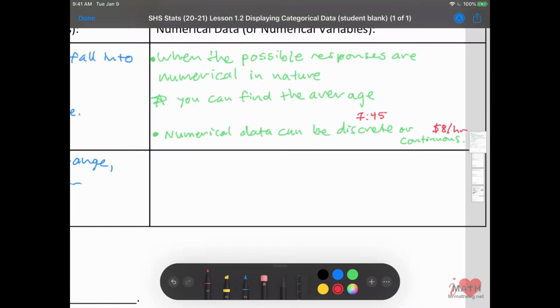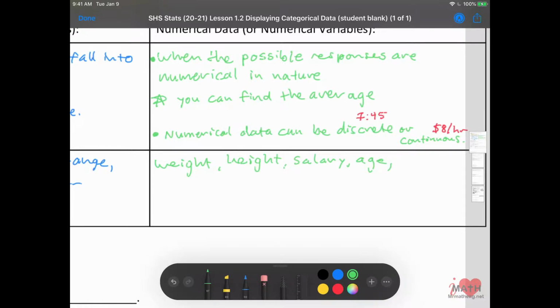And what are some examples of that? I might ask you, what is your weight? I might ask you for your height. How much do you make? I was just talking to a financial advisor. They asked me that. How much is your salary? How old are you is what they asked me.